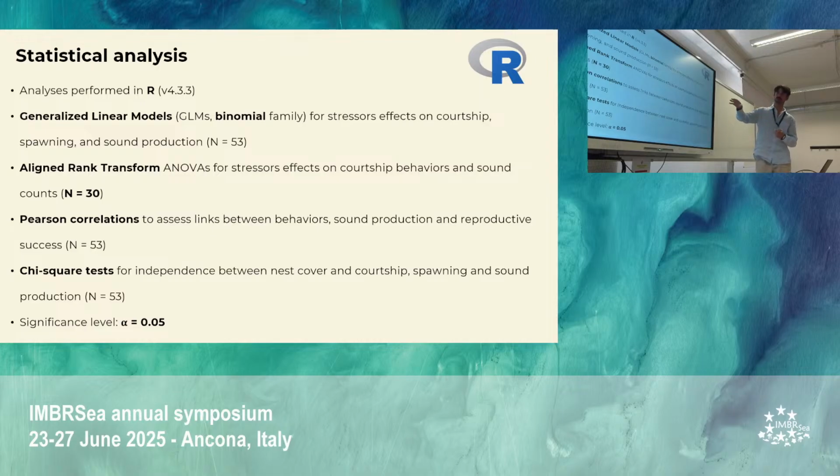I use the Pearson correlation to assess links between variables, between behavior, sound production, and spawning. And finally I use the chi-square test to look at whether the nest cover is dependent on all these binary variables that I mentioned earlier. And I use a classic significance level of 0.05.